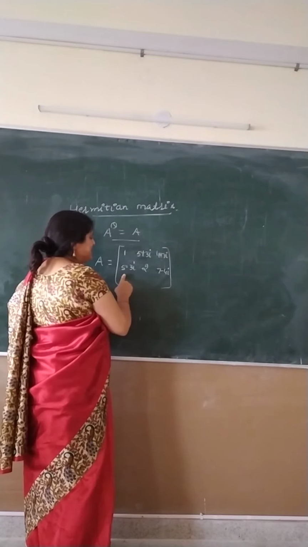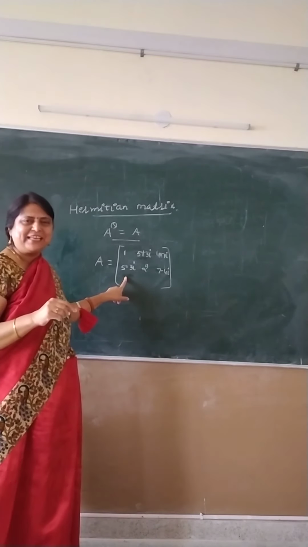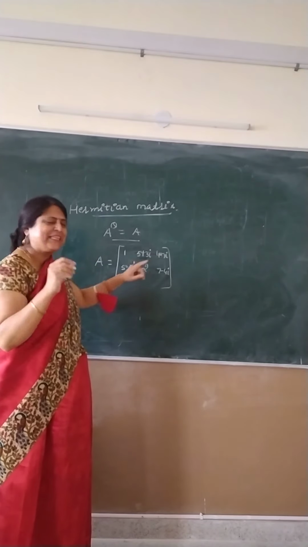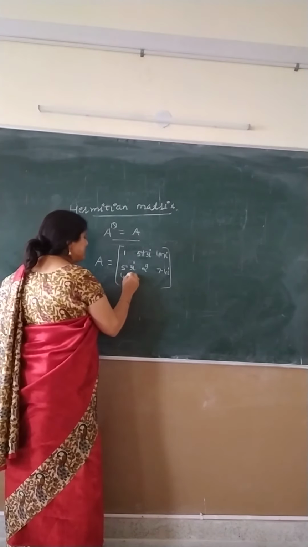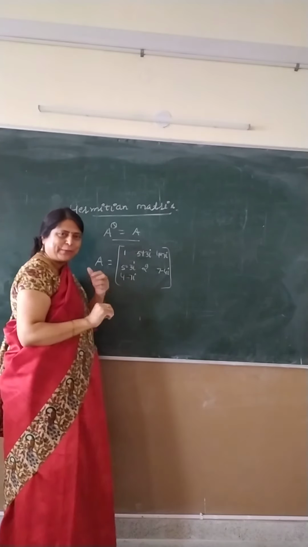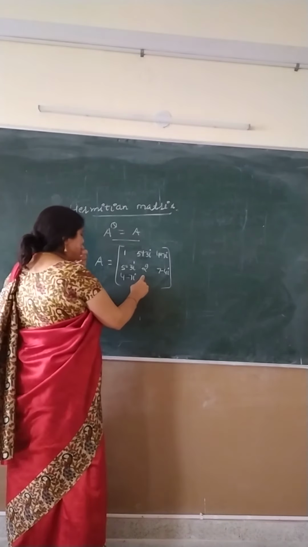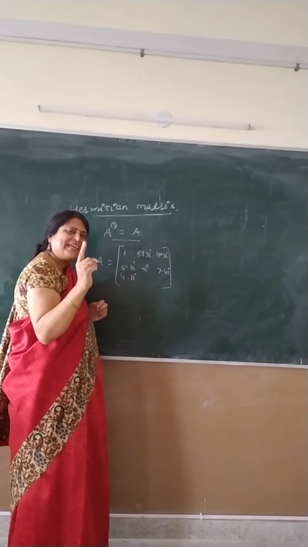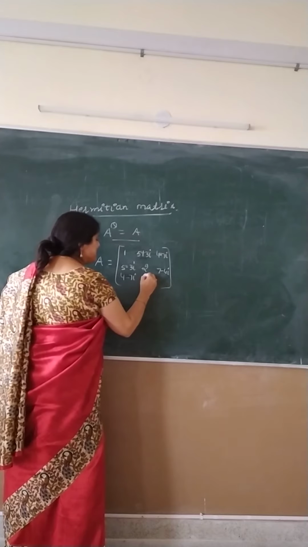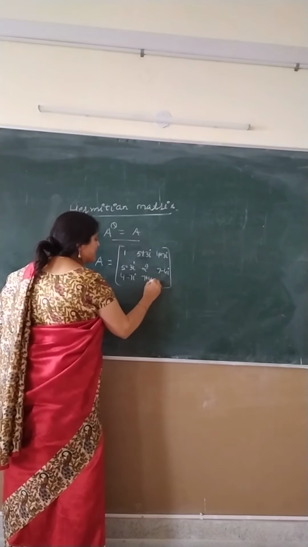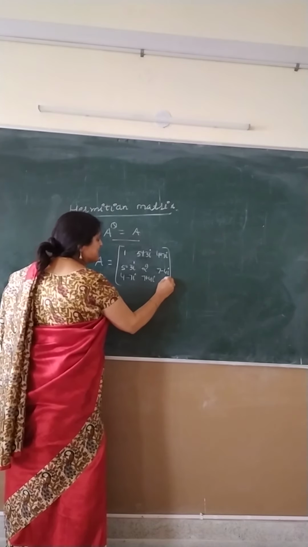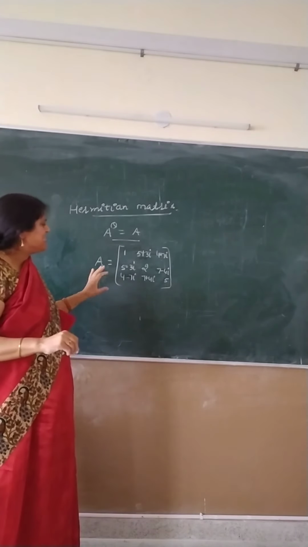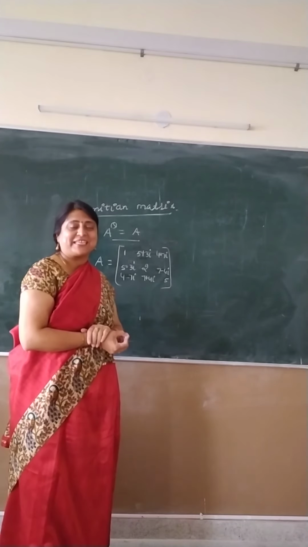Now see students, this entry is A31. It should be equal to conjugate of A13. The conjugate of A13 is 4 minus 7 iota. And this entry should be equal to conjugate of A23. Therefore, it will be 7 plus 4 iota. And this is any 5. And you can check. This matrix is Hermitian matrix.